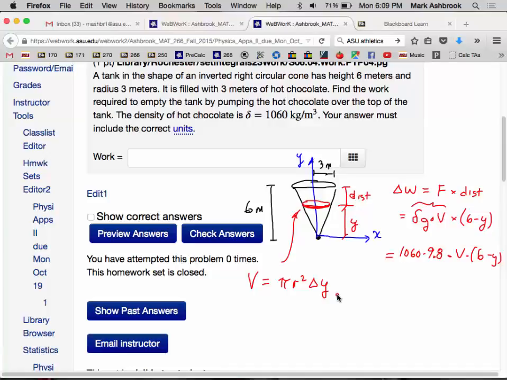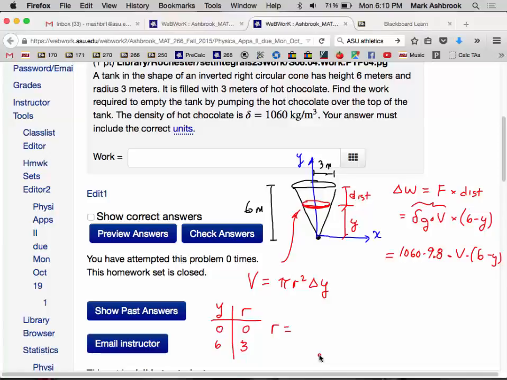But then the radius is a function of y. So we need a linear relationship that gives us the radius at any height y above the vertex. We know that when the value of y is 0, the radius is 0, and when y is 6, the radius is 3. So that's an easy relationship: r equals 1/2 y.